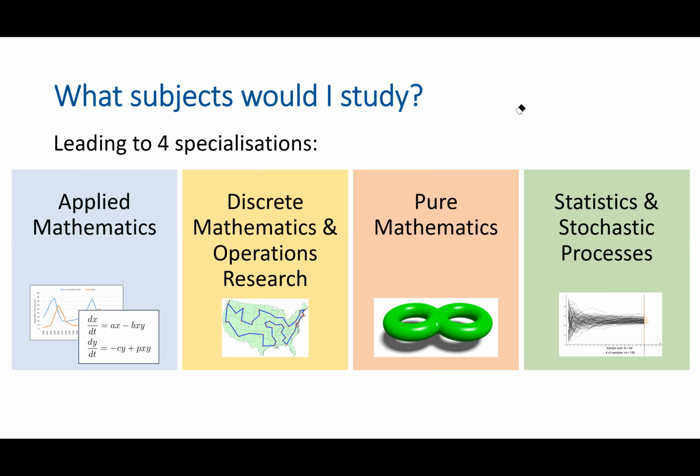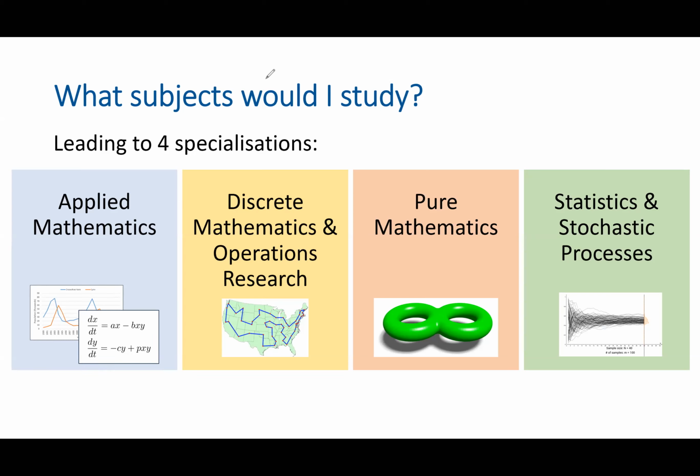Applied mathematics has a focus on mathematical techniques that are useful for modeling real-world phenomena. So that often means using things like calculus to model things from the real world. So you can see here, for instance, derivatives, differential equations, calculus. Discrete mathematics and operations research. Well, the discrete maths part is the study of discrete structures.